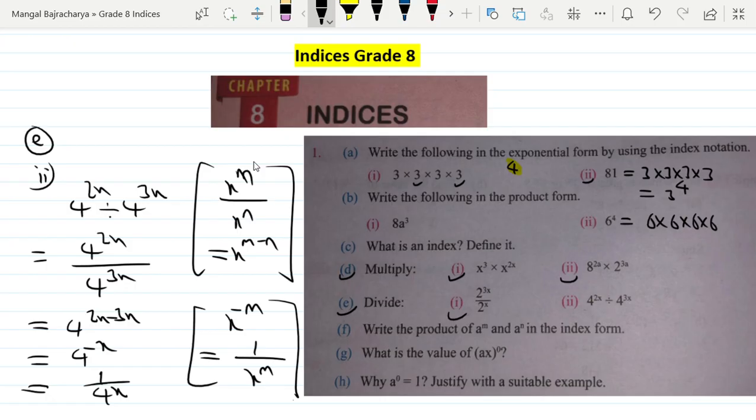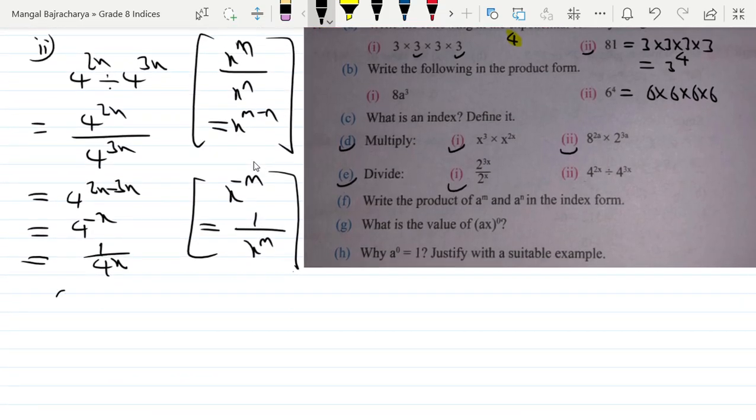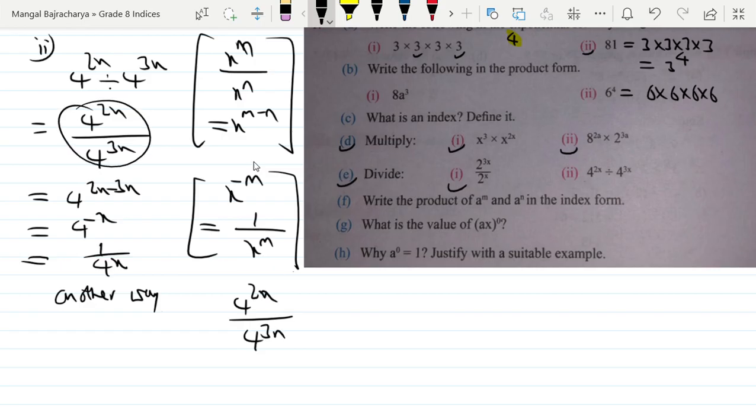And instead of that we can do it another way. So let us see another method, right? Another way is 4 power 2x by 4 power 3x, which I have copied here. After that we see which is the greater power, and on that side we bring it for subtracting.